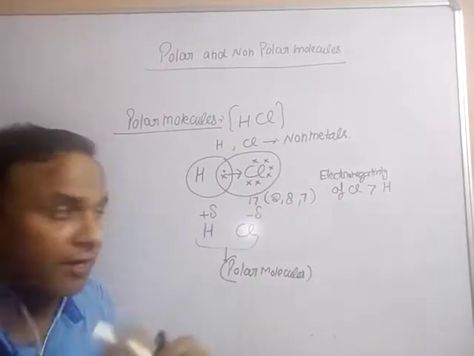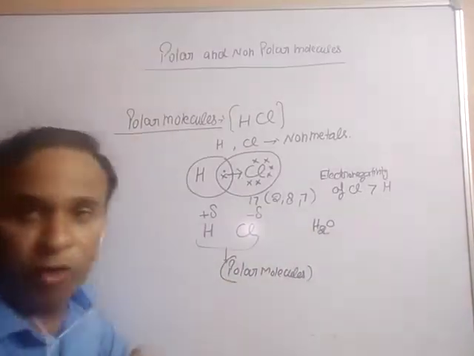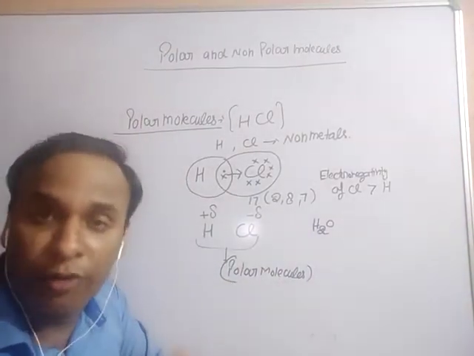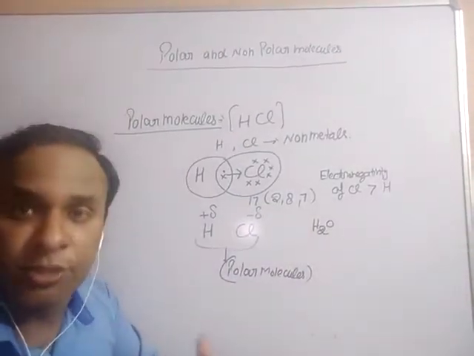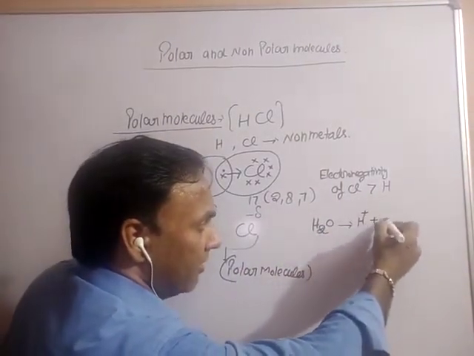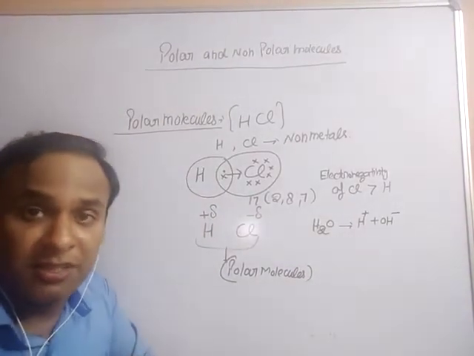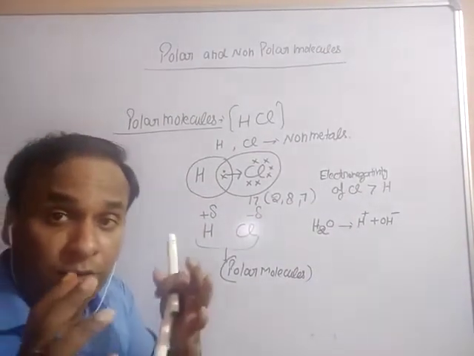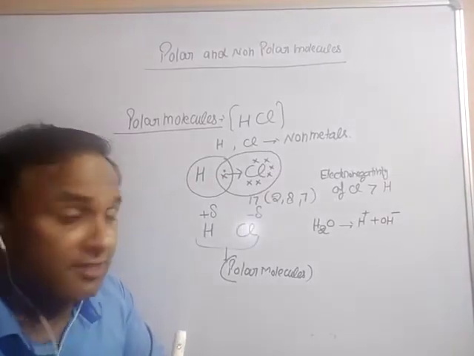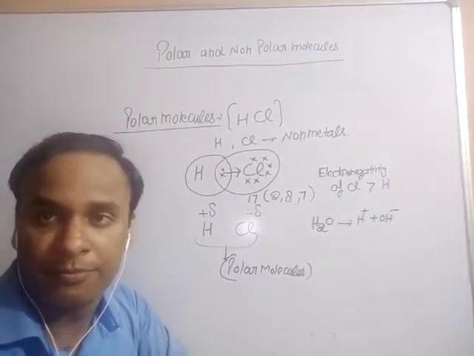When we talk about the water molecule, it is also polar. Why? Because it gets dissociated into H plus ion and OH minus ion. Clear? That means polar covalent compounds exist between hetero non-metallic atoms.